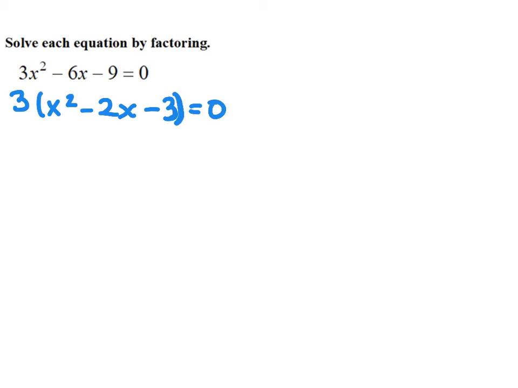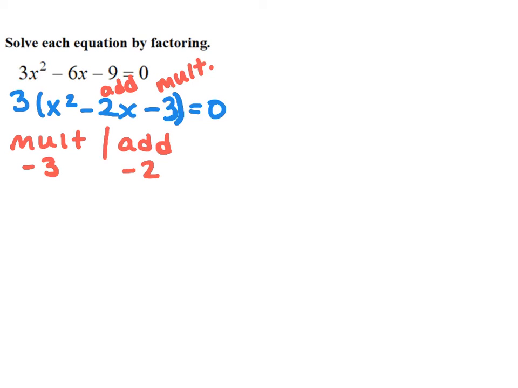Now I know that I want to find two numbers that are going to multiply to negative 3 and add to negative 2. So I can set up my chart, two numbers that multiply to negative 3 and add to negative 2. If I divide 3 by 1, I would get 3, and since it's negative, they're different terms.